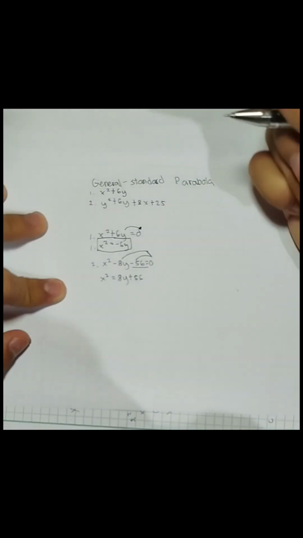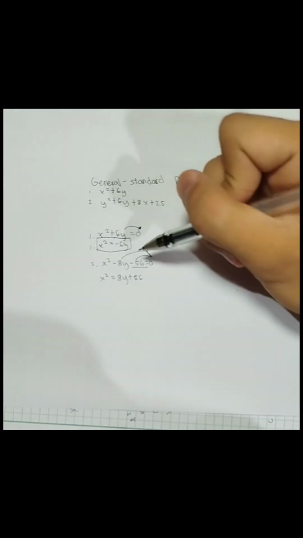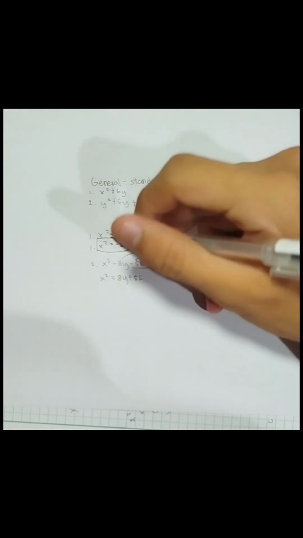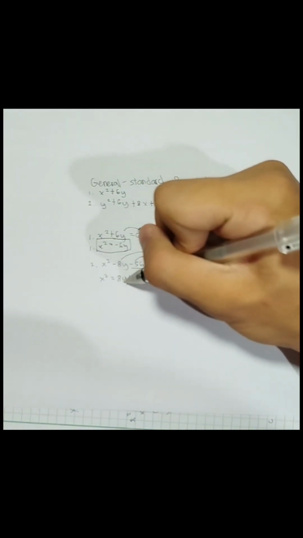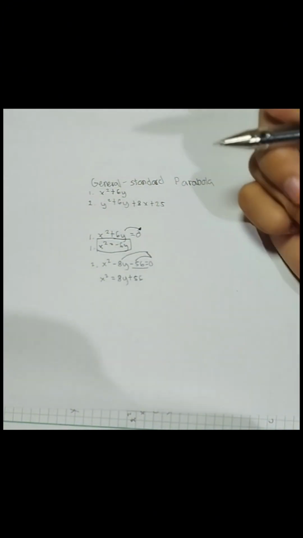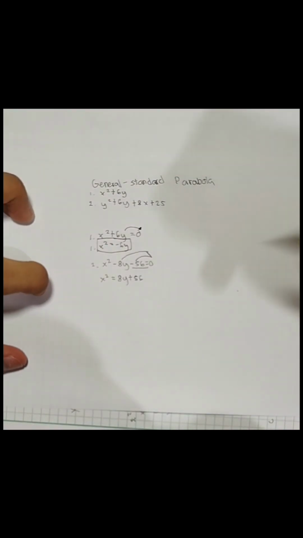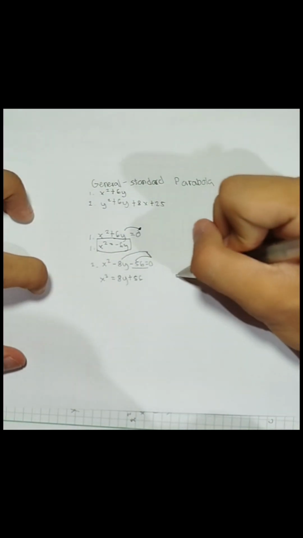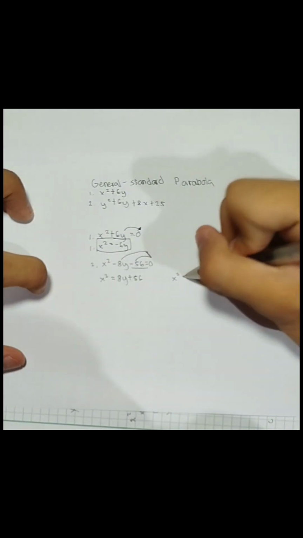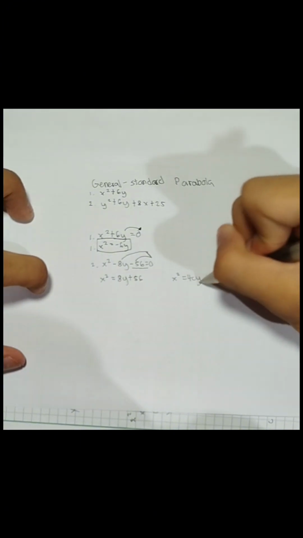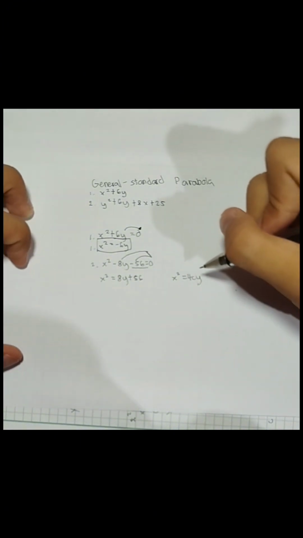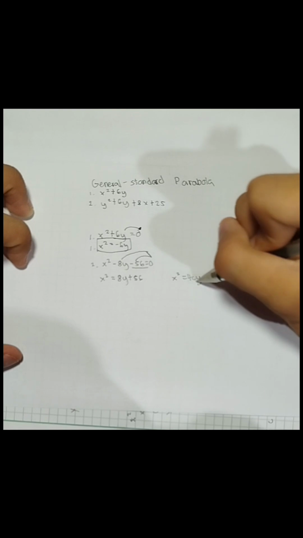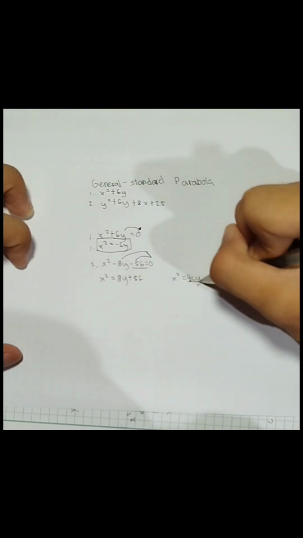So what you want to do here is remove. Remember that the standard form of a parabola is x squared is equals to 4cy. So what must be left here is 4cy.